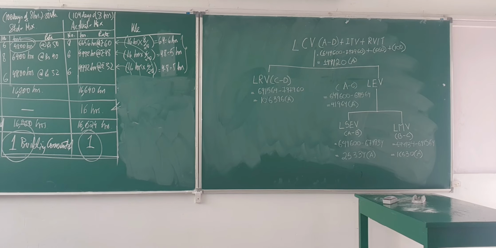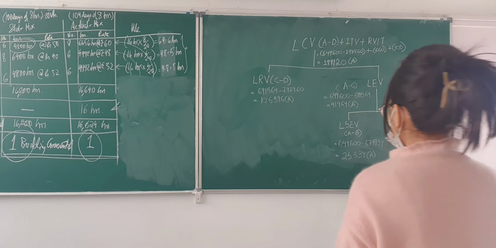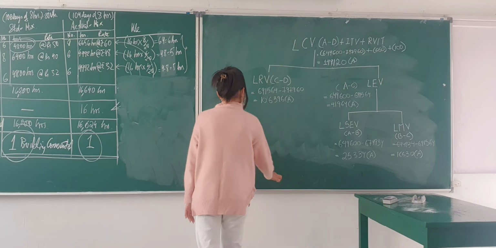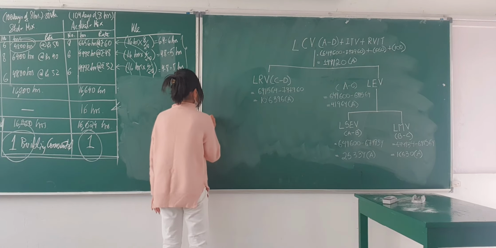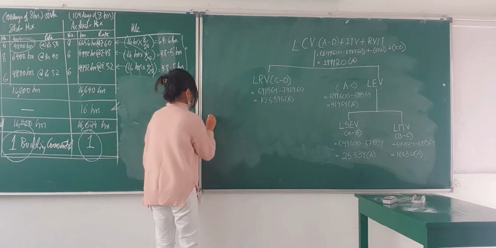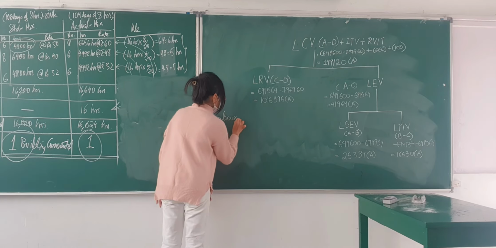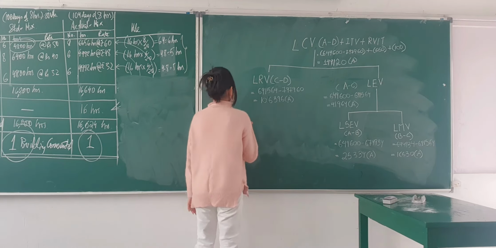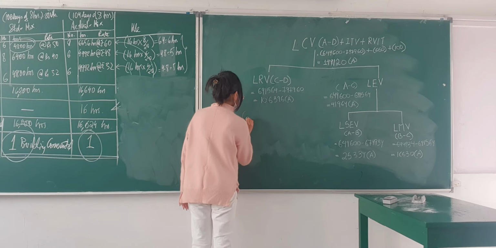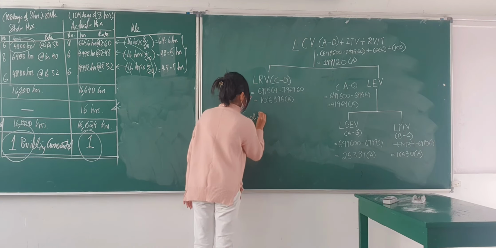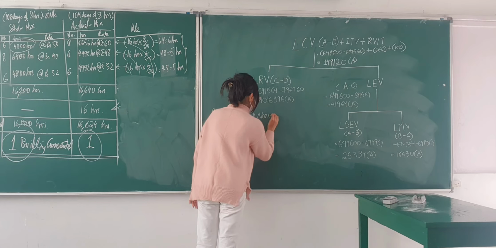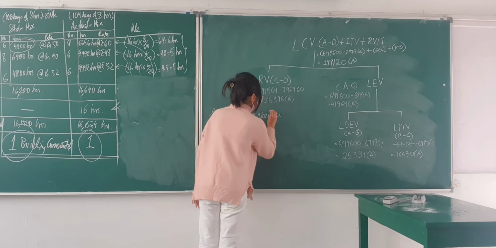So first one is labor cost variance. How much you got? You have to write that down. So the actual solution is the list of variances. First one is labor cost variance, LCV, which is equal to 1,49,120.